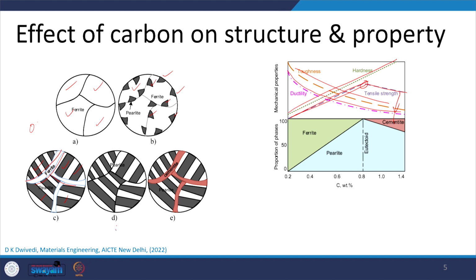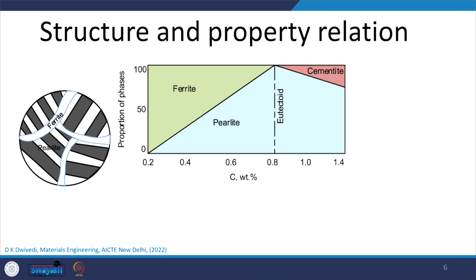At 0.8% carbon, you will have 100% perlite, and if it is 1%, corresponding to the hypereutectoid steel composition, you will have cementite at the grain boundary, then perlite in the matrix. So, when the carbon content is increased from 0 to 1, the phases appear and their relative amounts change in the microstructure, and that in turn affects the mechanical properties of the steel.